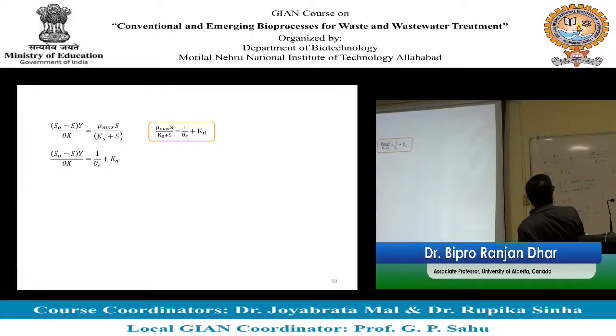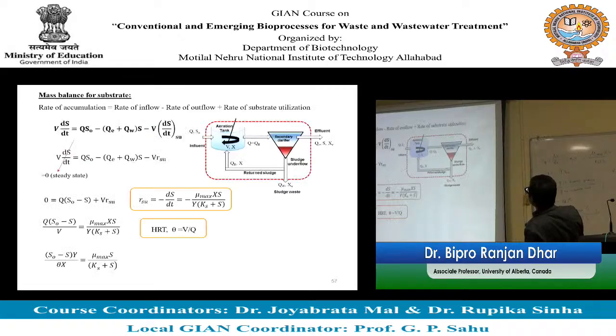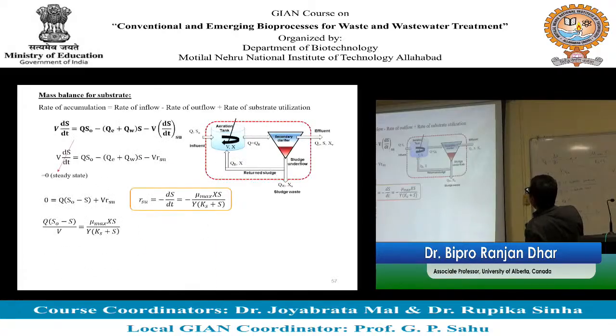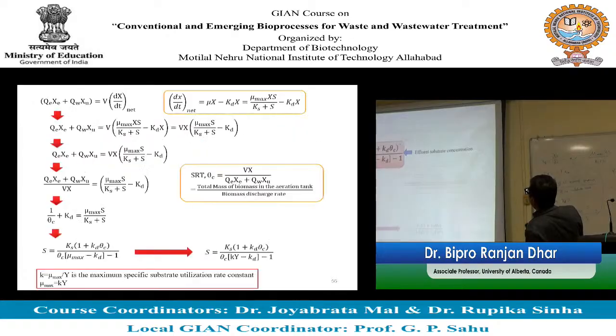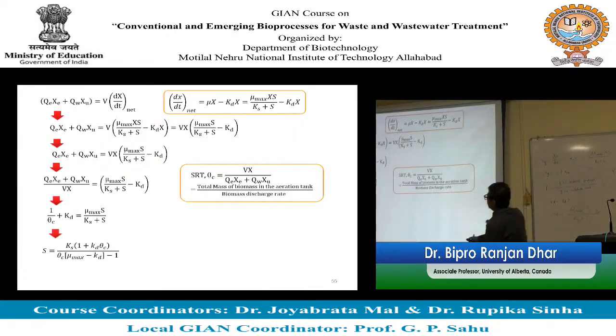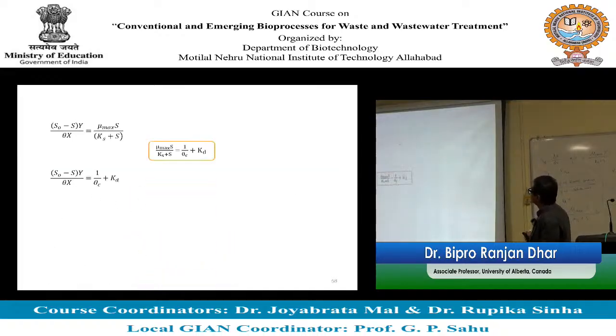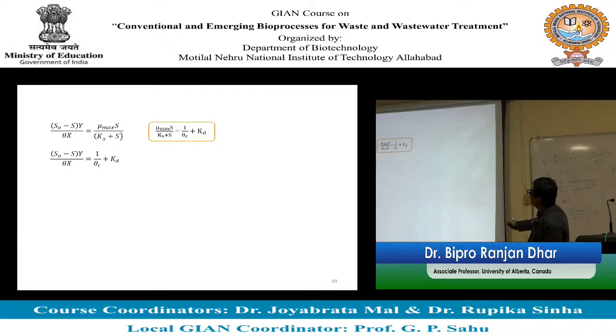And we found that in one of the previous slides, I think, where, yeah, this part I forgot to write from the previous slide, but here you see mu max S divided by Ks plus S equals 1 divided by theta c plus Kd, right? So I can simply replace that part here. This part I can replace with 1 divided by theta c plus Kd, right?